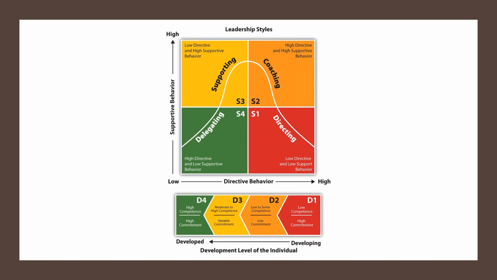So if you've got a team of highly competent and highly committed individuals, then your leadership style should be very much around delegating, because you've got a good team and you've got a team that are very committed. Now, of course, if you go to the other end of the scale, if you've got a team with low competence and perhaps high commitment, right, you might start using directing and coaching.